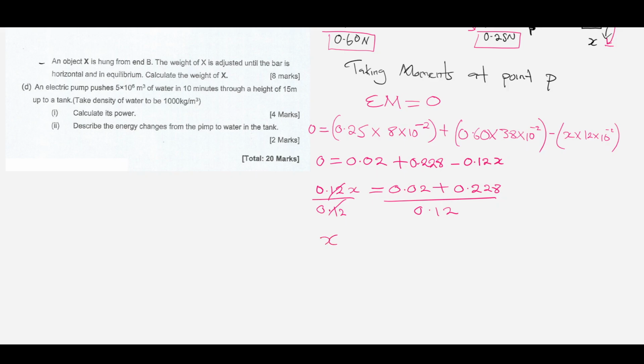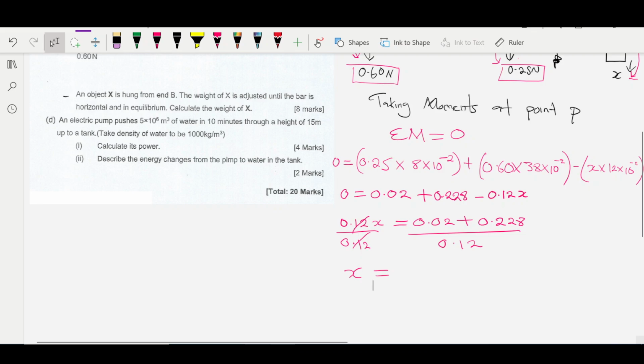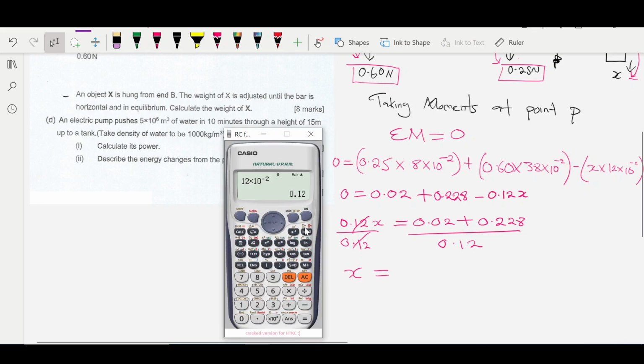So our x will equal, so let's see this, 0.02 plus 0.228, which is that, and then we divide 0.12.